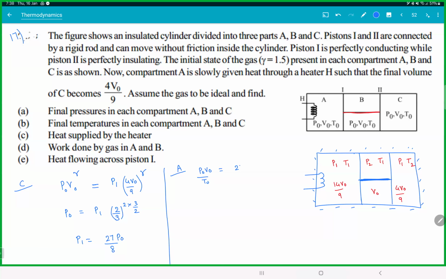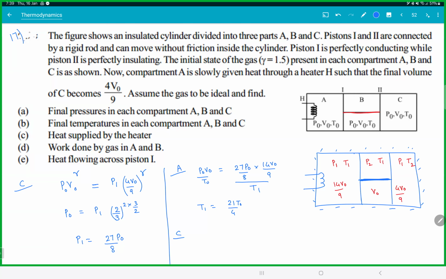So then this will be 27 P naught by 8 into 14 V naught by 9 into T1. From here T1 will come. How much is that? 21 T naught by 4. 9 3s are, this is 2s are, 7s are, 7 3 21.